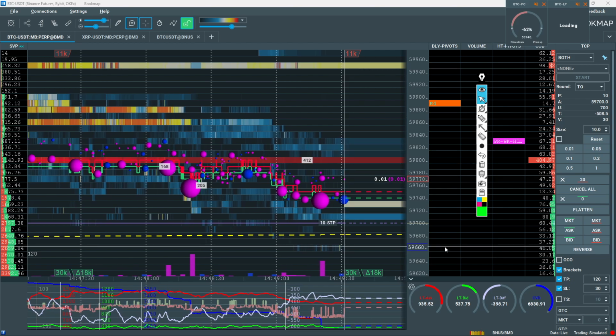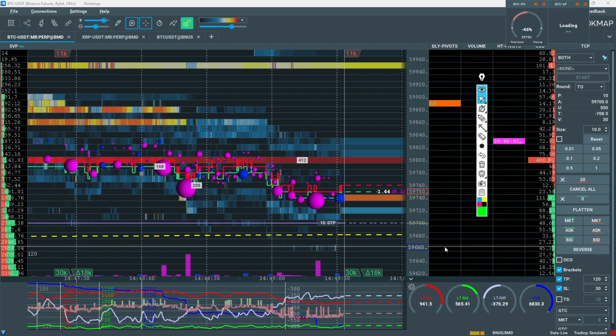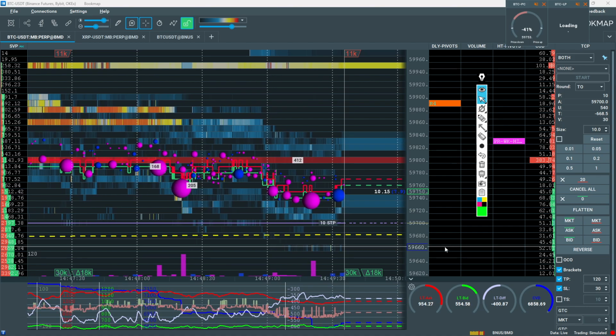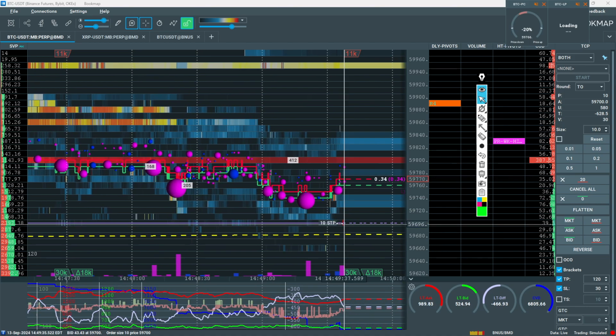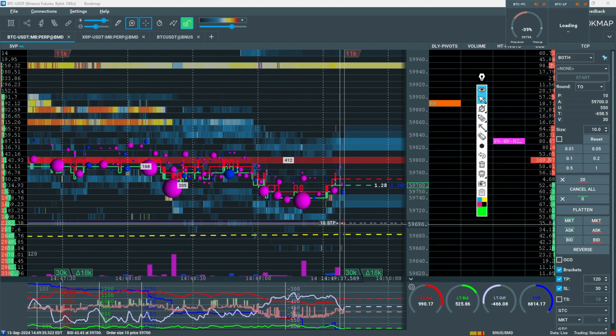And it's looking like we're gonna hit my stop. It doesn't look like my beat is gonna save me from getting stopped out, but hopefully it does.